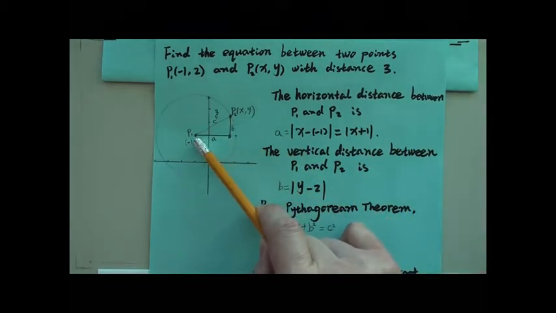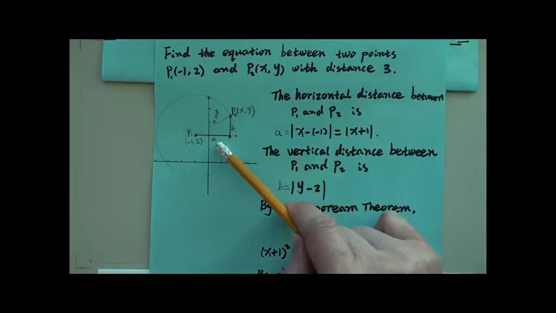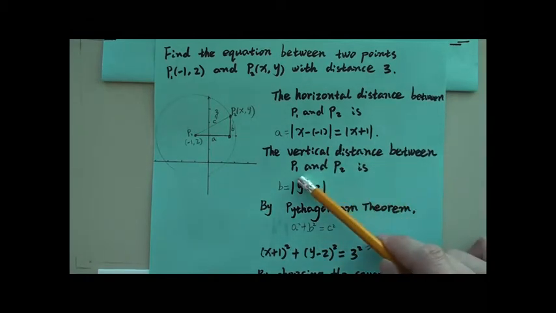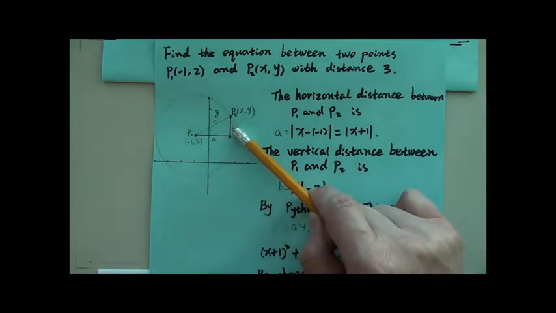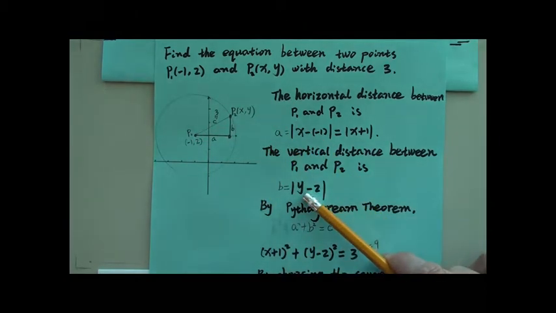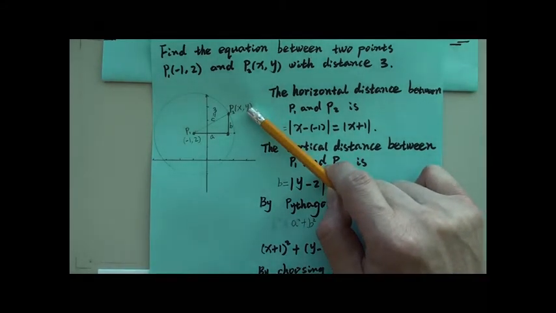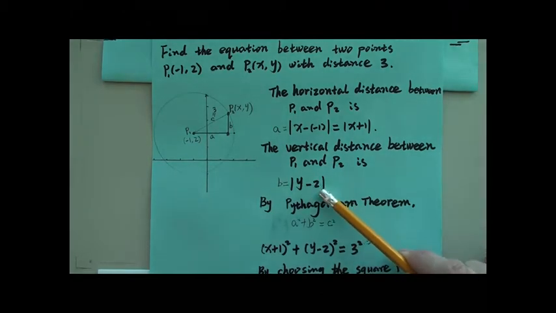So x minus negative 1, which is x plus 1, choose absolute value, is A. Similarly, the vertical distance between P1 and P2 is B. That's the difference of y, so y minus positive 2.